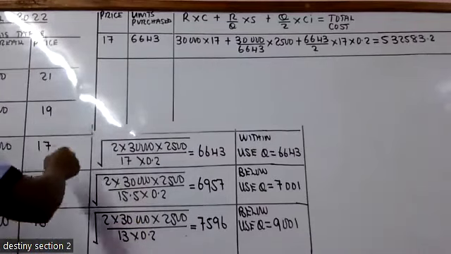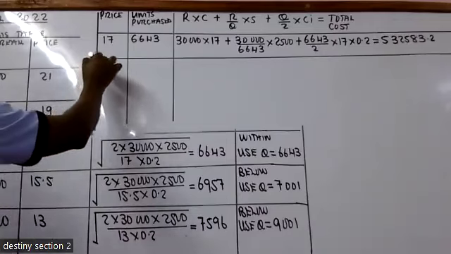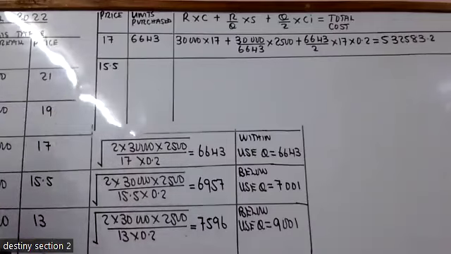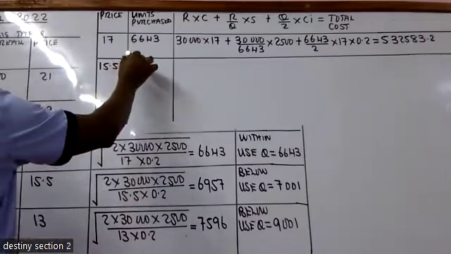We go to the next price, which is 15.5. At that point, our Q is 7,001.